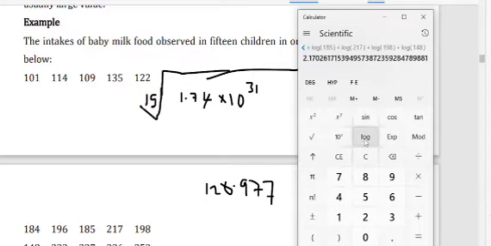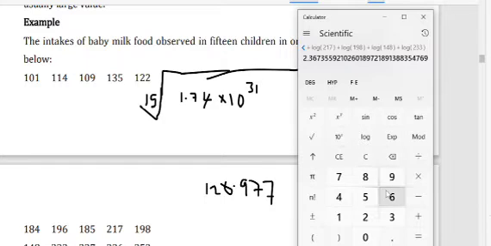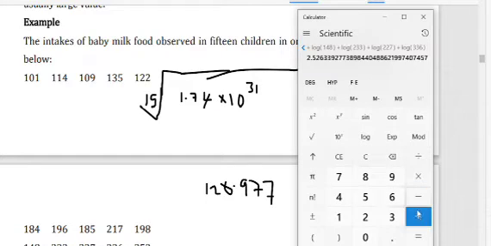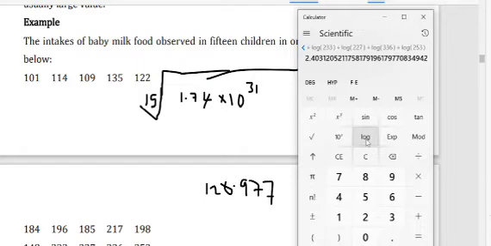148 log plus 233 log plus 227 log plus 336 log plus 253 log.